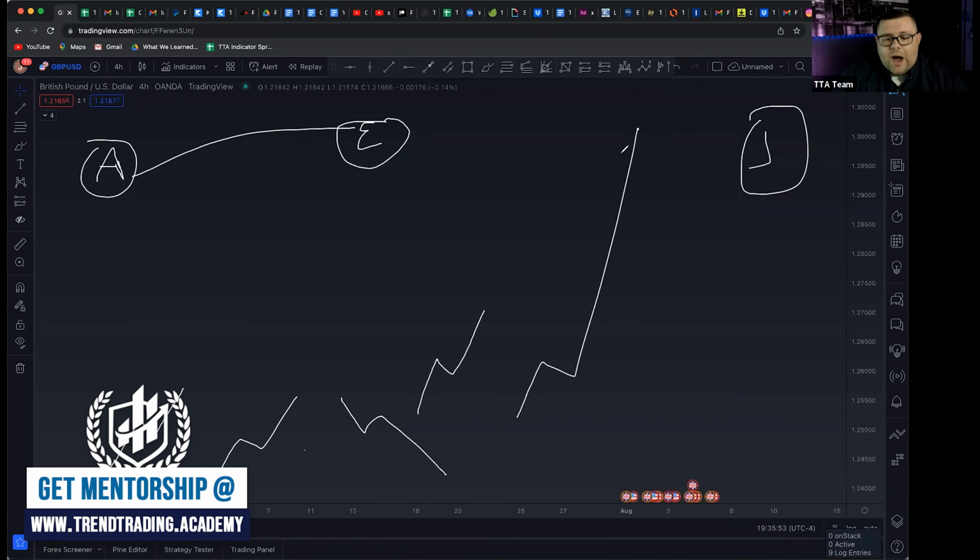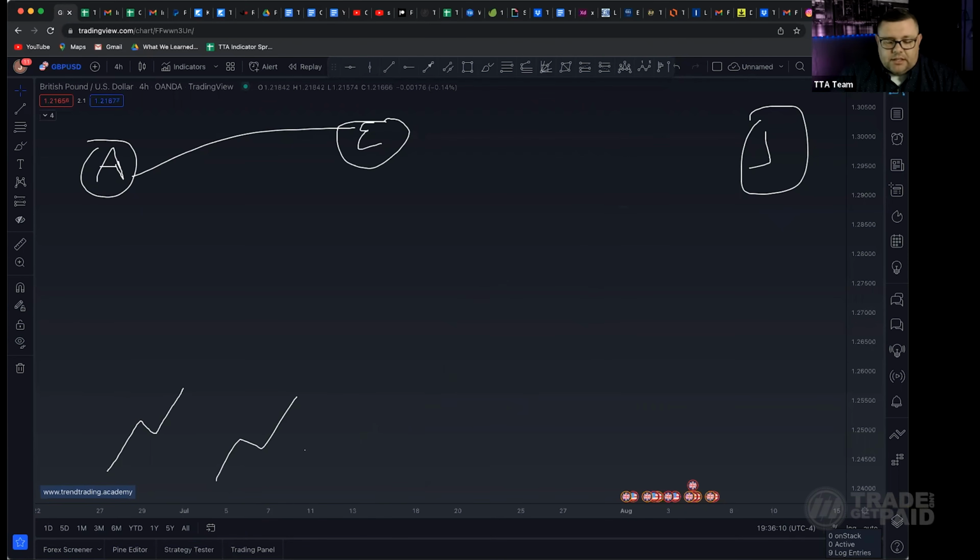Okay? Why? Because now I'm not going for a weak currency that's just a little bit stronger than another weak currency. Now I'm getting a strong currency against a weak currency. Okay? Which causes bigger movement and higher profitability.